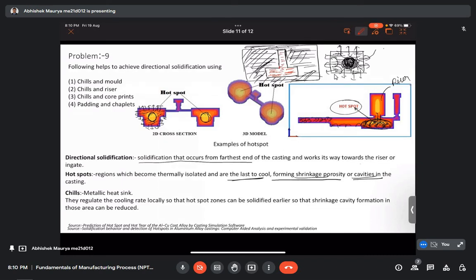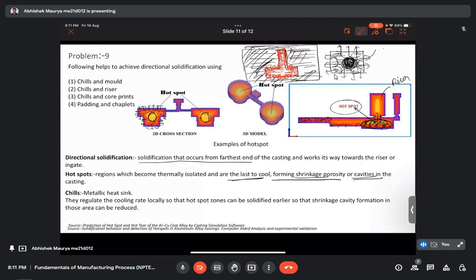Now the metal which comes in contact with the mold wall will start solidifying, like here, here, here, here. All the regions which are near the mold wall will start to solidify.